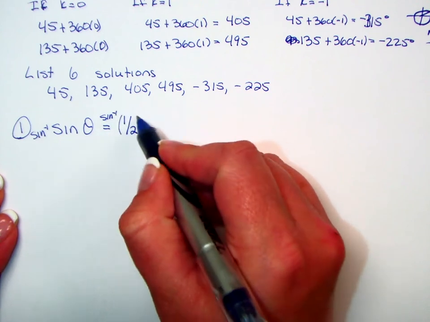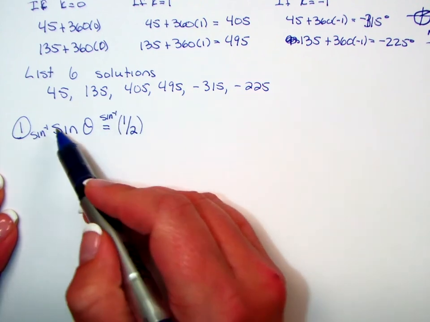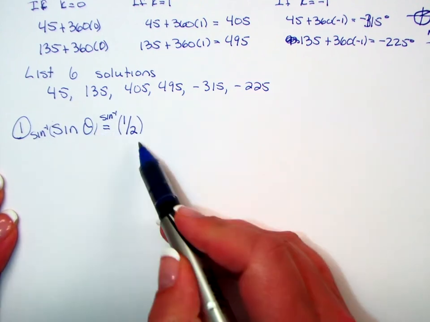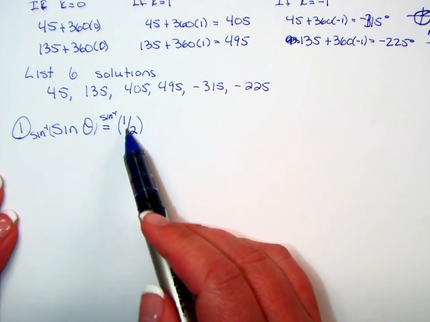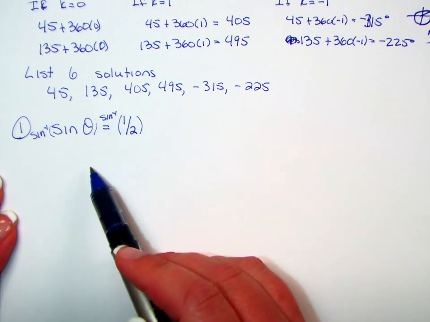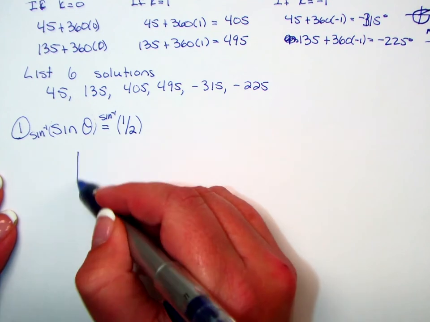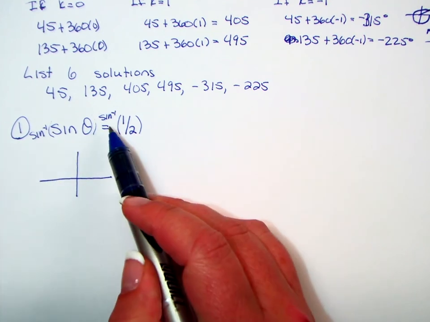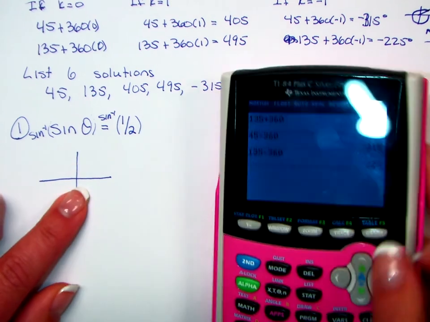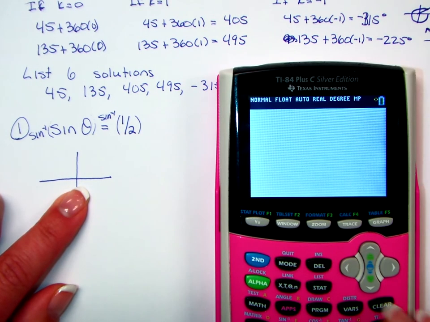Now I want you to remember the calculator is only going to give you a solution in quadrant 1, right? Because sine inverse is positive, and so it's going to give us our quadrant 1 location, right? So I'm going to go ahead and type that in, right?